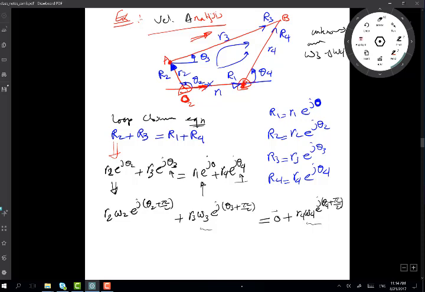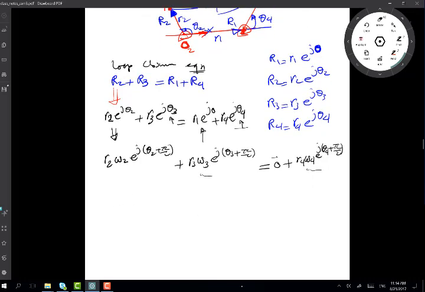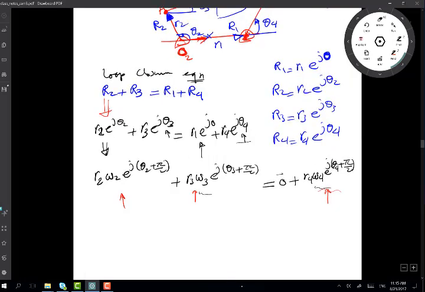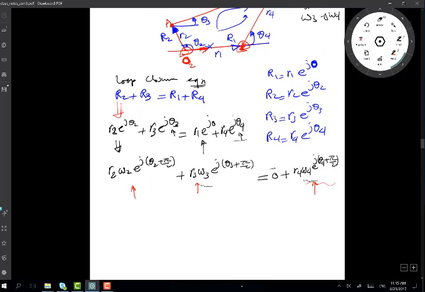If you differentiate R4, you get an absolute velocity for point B. But if you differentiate R3, you get a relative velocity, because R3 is only a relative position vector. This is very important. So this is a relative velocity term, and the other ones are absolute velocity terms, because this is the velocity of B with respect to the stationary point.